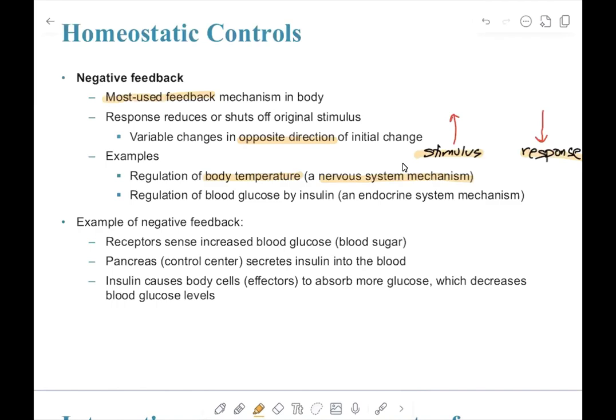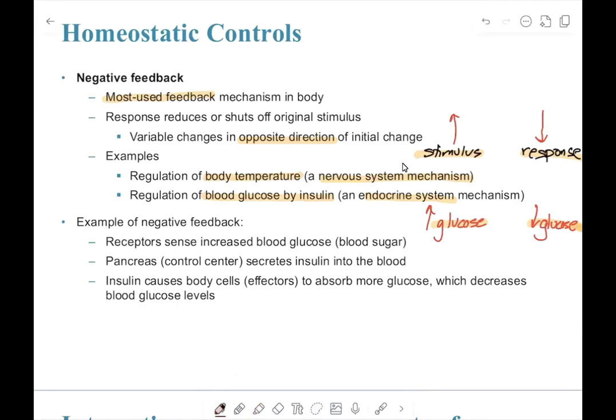In the case of regulation of glucose by insulin, that's controlled by the endocrine system. And here, there would be an increase in glucose, like after you eat a meal. The response is a decrease in glucose because insulin is the hormone released, which is going to store that glucose in the tissues.